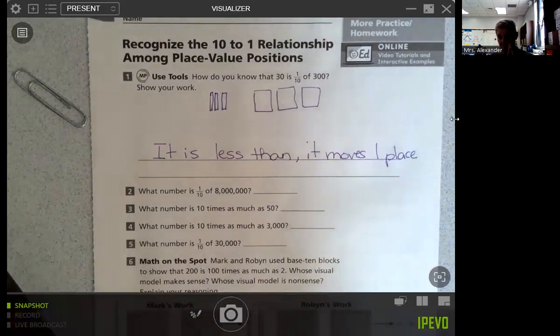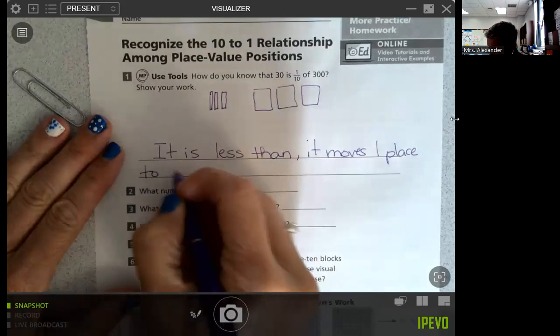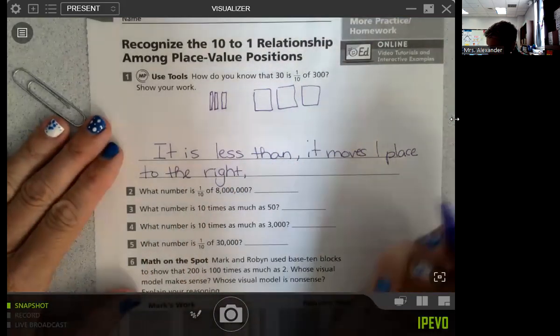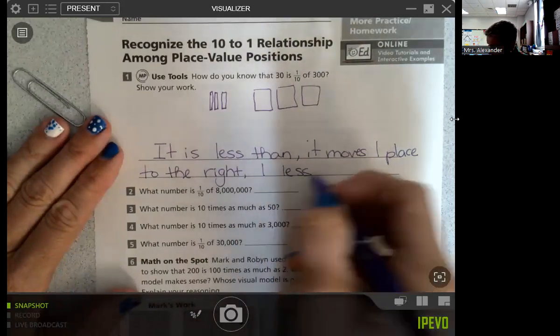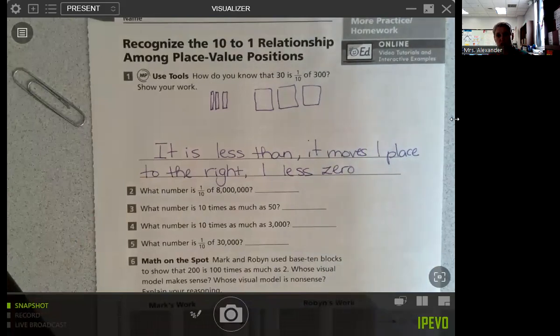If we're at 300 and we want 1/10 of, it's moved one place to the right. And there is one less zero. So all of those are ways that we would be able to talk about the ways we know that 30 is 1/10 of 300.